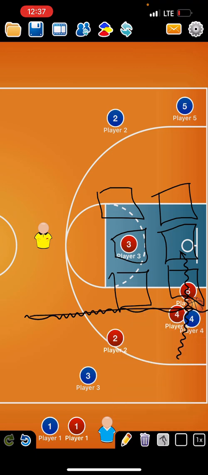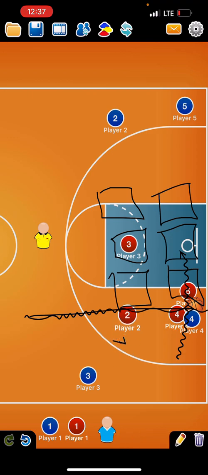We want 2 to learn how to melt, to being parallel with the ball and create less space for 4 to make a play. So get in line with the ball so that 4 can only make a limited amount of passes.